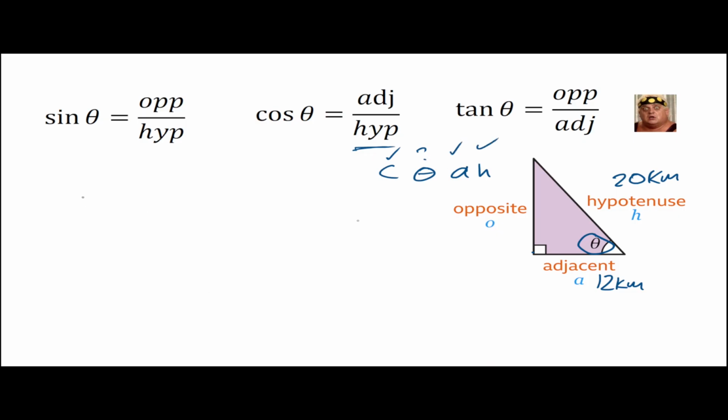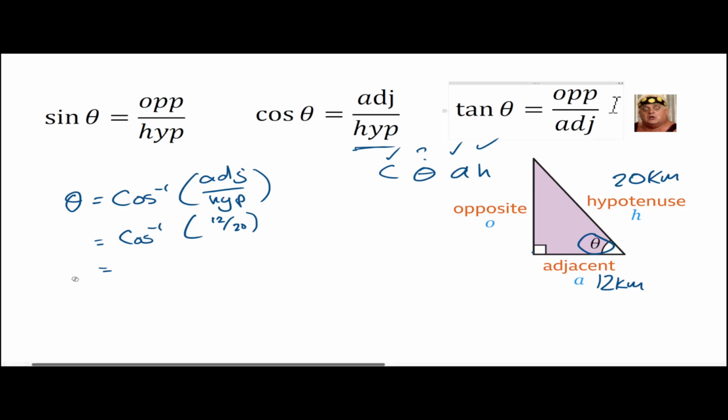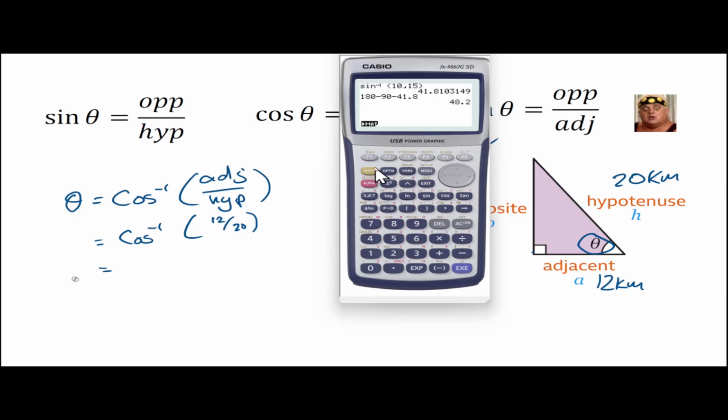So we know that cosine theta is adjacent over hypotenuse, so therefore theta must be cosine inverse of adjacent over hypotenuse, which is cosine -1, and the adjacent side is 12, the hypotenuse is 20. Grab your calculator, find the answer. So shift cosine -1, I always go brackets.